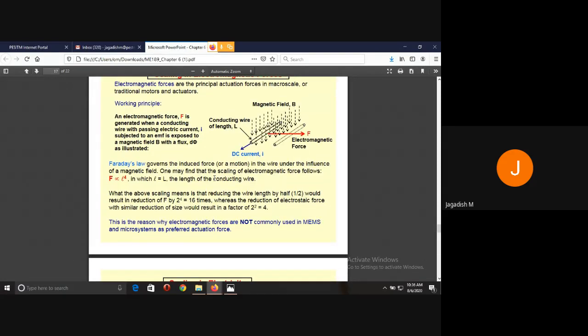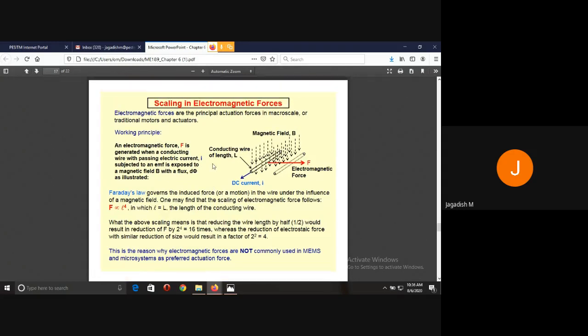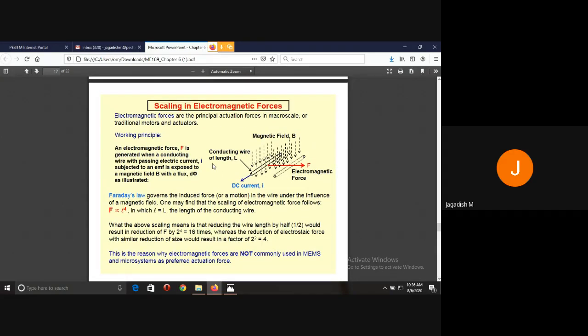Now this is about the electromagnetic force. For that you need to consider a conducting wire of length L. You know that there will be a force of an electric field and a magnetic field perpendicular to it, and definitely that will generate a magnetic force. That magnetic force is proportional to L power 4.